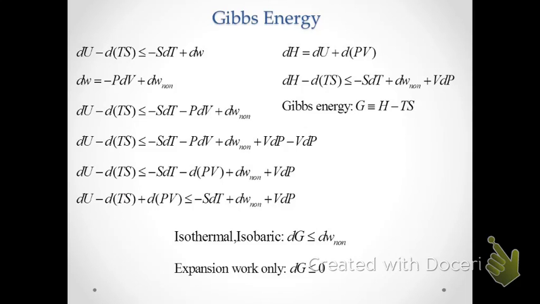So this entire expression here is based on delta S for the universe being greater than or equal to 0. So if we have an isothermal isobaric process where the only type of work is expansion work, then delta G being less than or equal to 0 is a requirement of the second law.